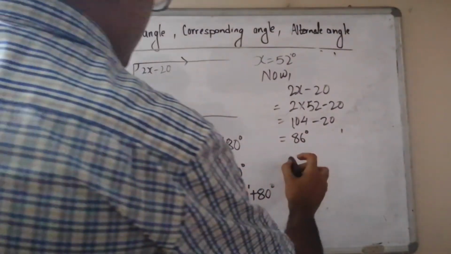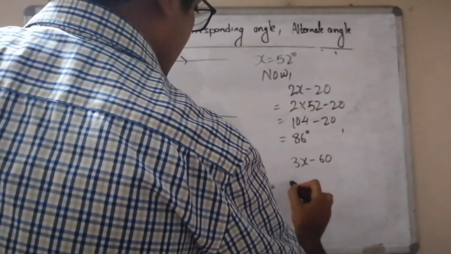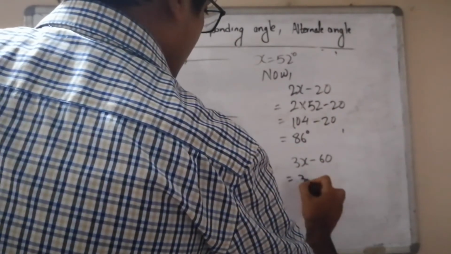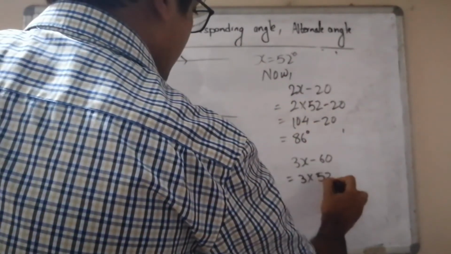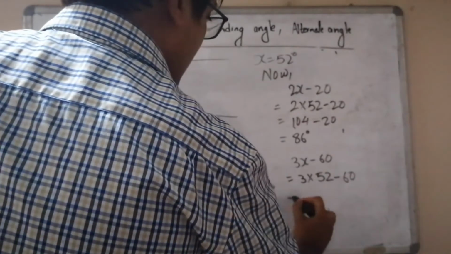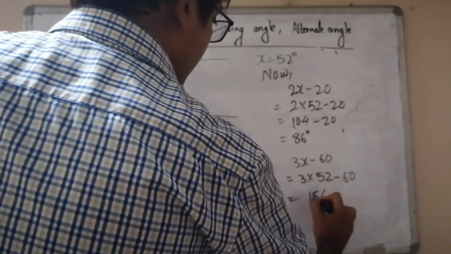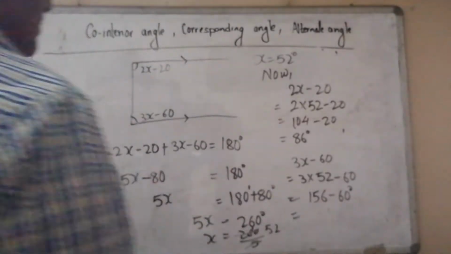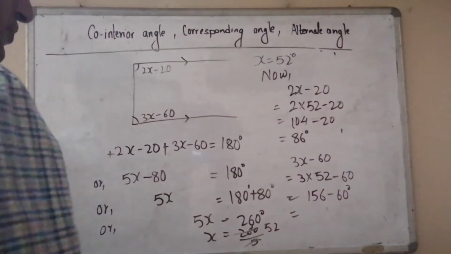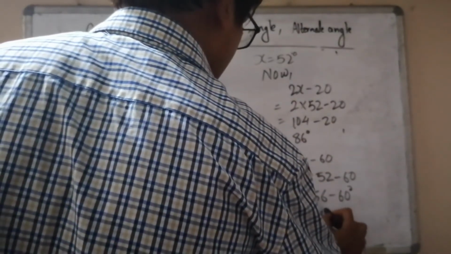Now for the next one, 3x minus 60 is equal to 3 into, what is the value of x here? 52. 3 into 52 minus 60. 3 2s are 6, 3 5s are 15. 156 minus 60 become 96 degree here.